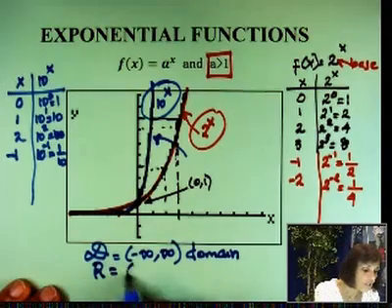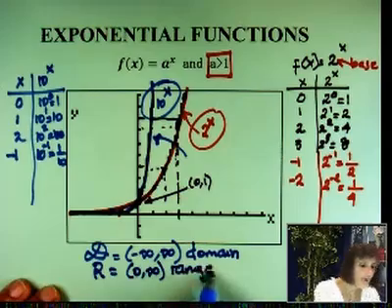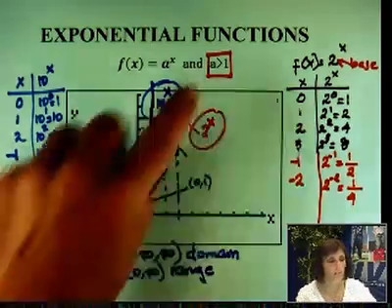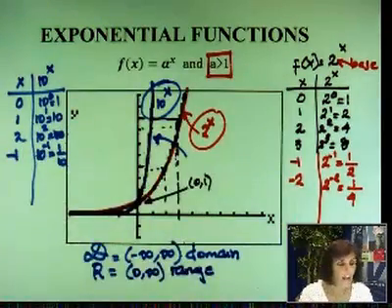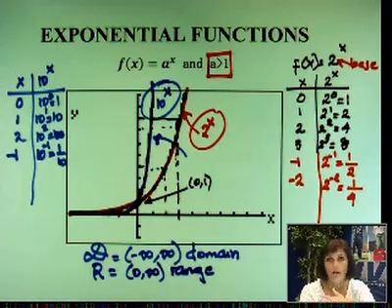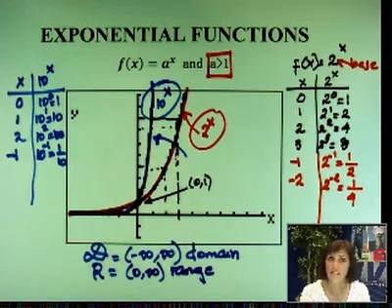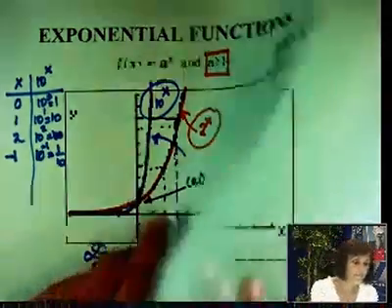So my range is 0 to infinity. When I have an exponential function with a base bigger than 1, it will go up very fast, and the bigger the base, the faster it goes, but it will never cross the x-axis. Very good.